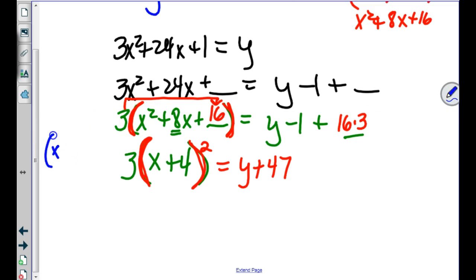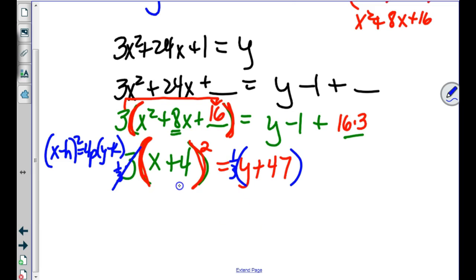Miss Hoffbauer, the form on my sheet says x minus h squared equals 4p times y minus k. Yes. So this does not belong with the squared term. So if I divide by 3 or multiply by 1/3, I will have a 1/3 over here on this whole quantity. Okay. Yeah, we got to be careful.